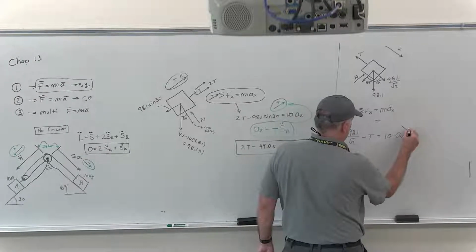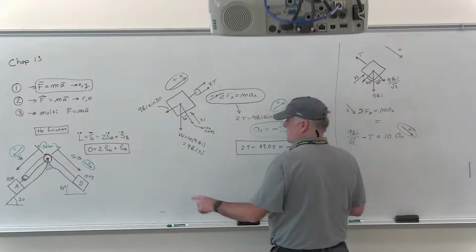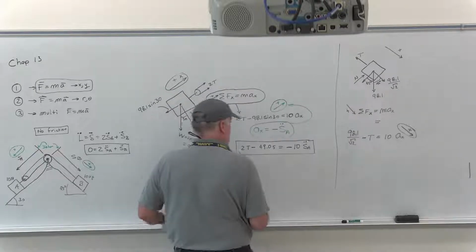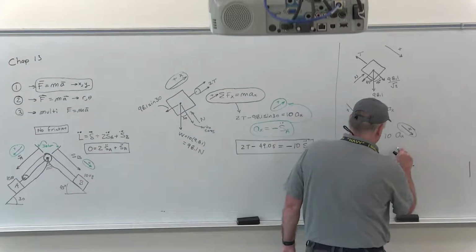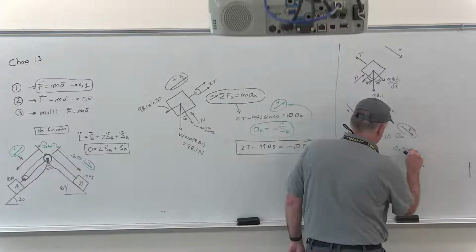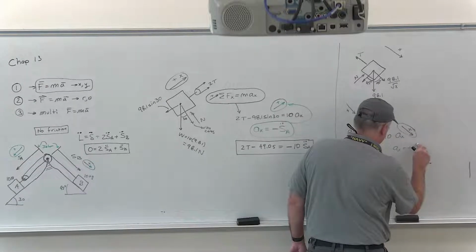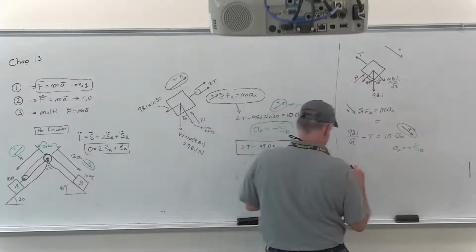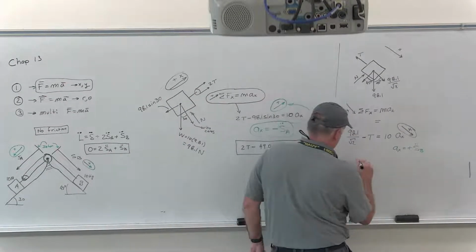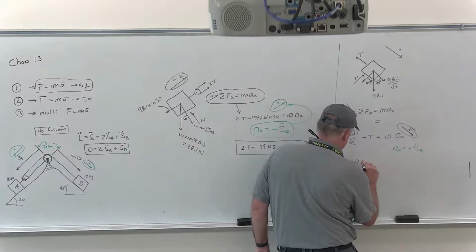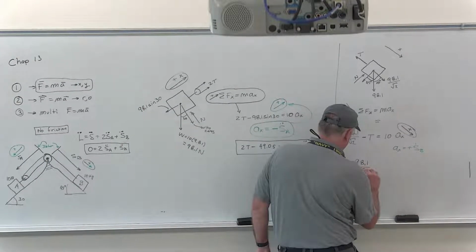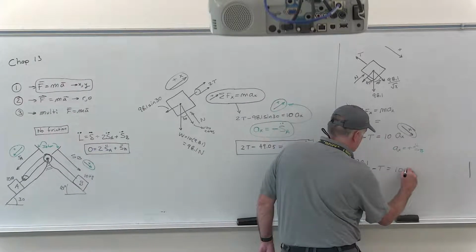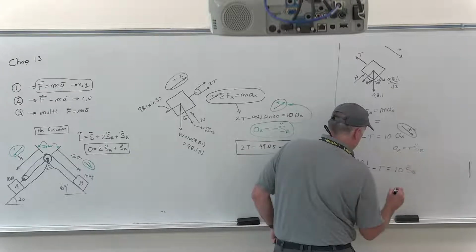Now, this acceleration is positive that way, which is the same way as this. So this means the acceleration in this equation is equal to plus SB double dot, the SB double dot here. So now I can rewrite this: 98.1 over square root of 2 minus T is equal to 10 times SB double dot.